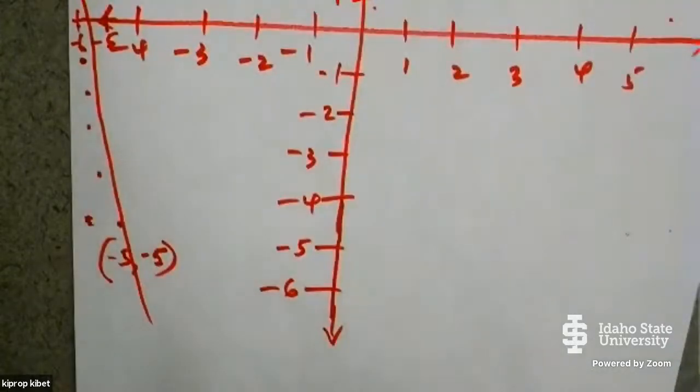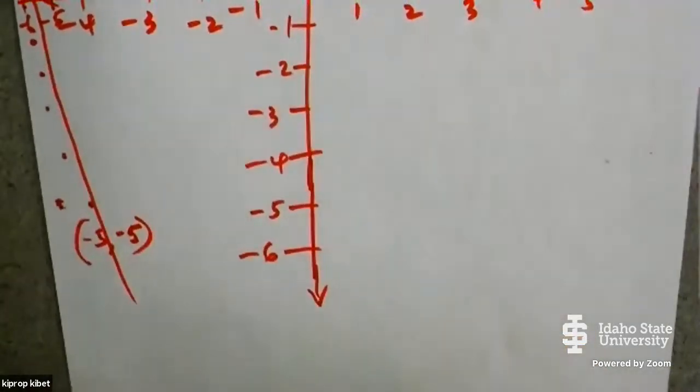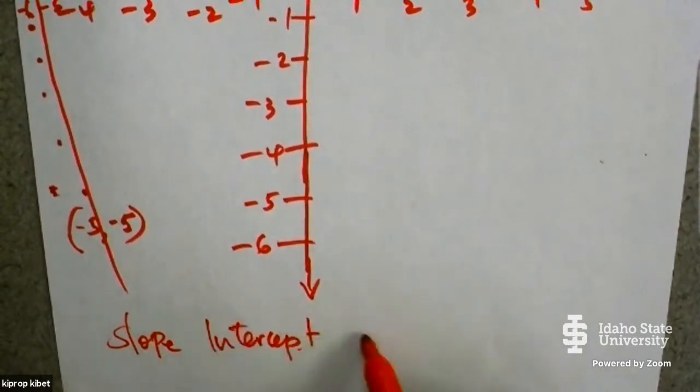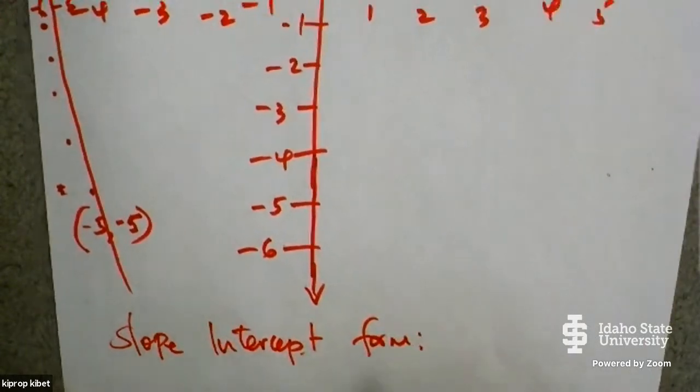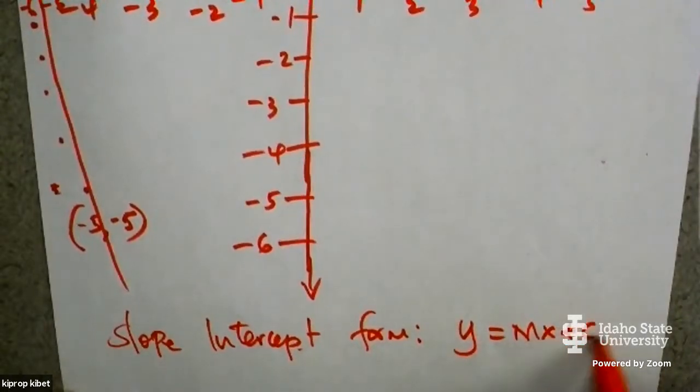Now, if you are given the equation of the line and you're told to draw the graph, so we know the slope. This slope intercept form is always written as y equals mx plus c.